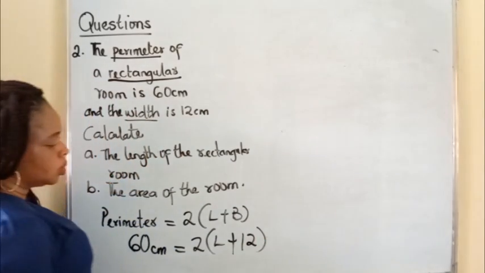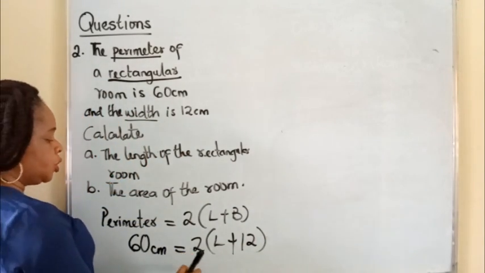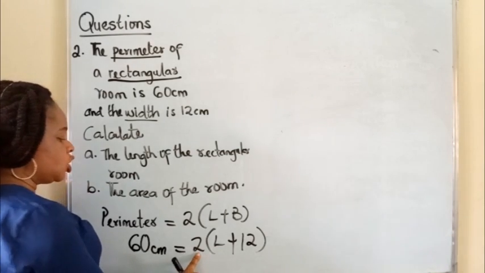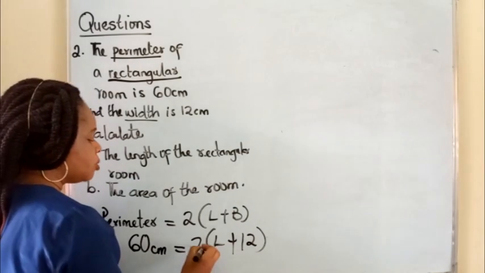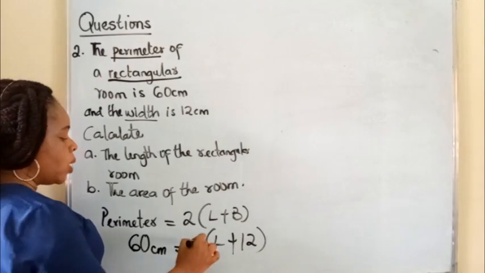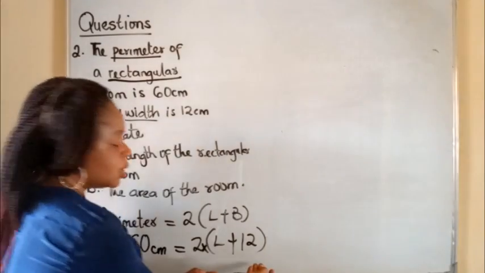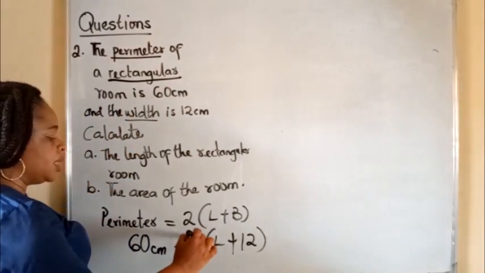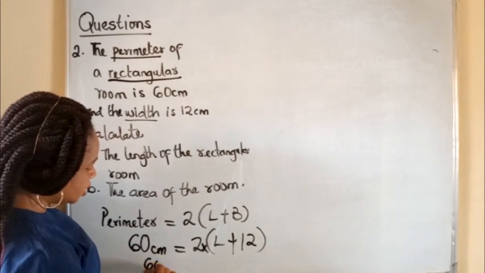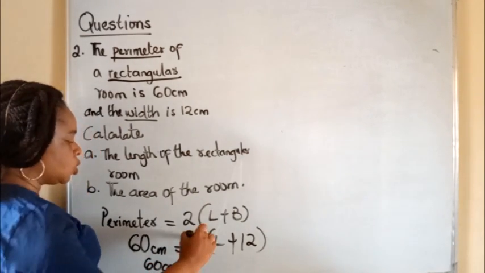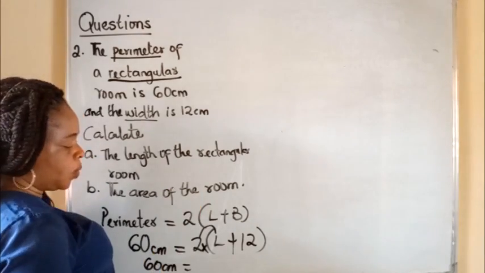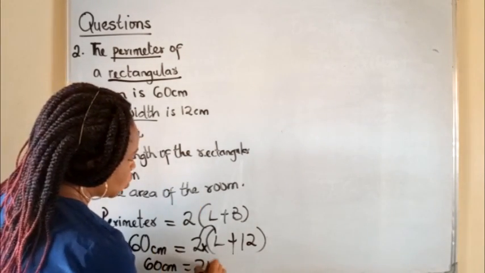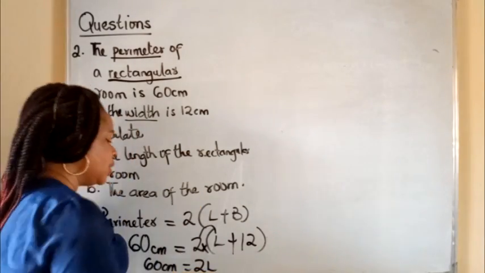12. Okay, so I told you in the last video that the relationship between these two and the bracket is multiplication. So we're going to be expanding this bracket by saying 60 centimeter is equals to 2 multiplied with L. 2 times L will give us what? 2L. We are expanding the bracket.